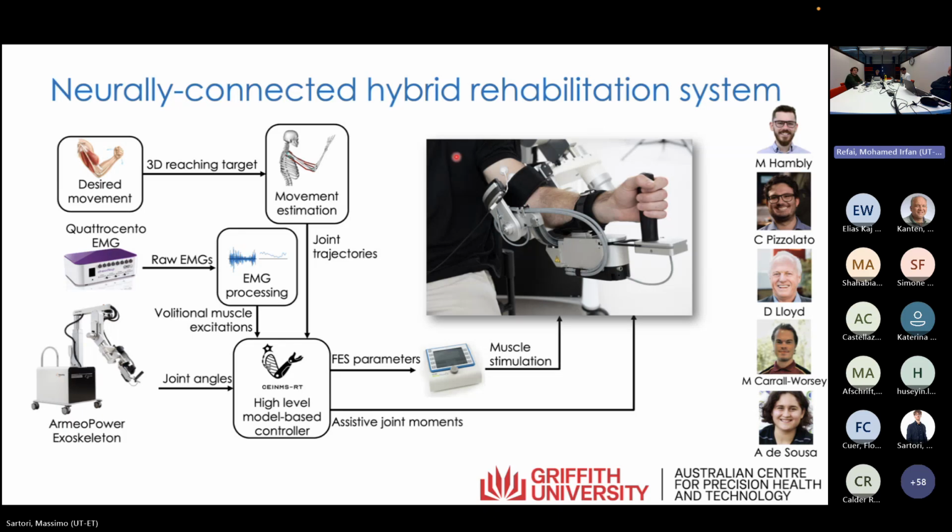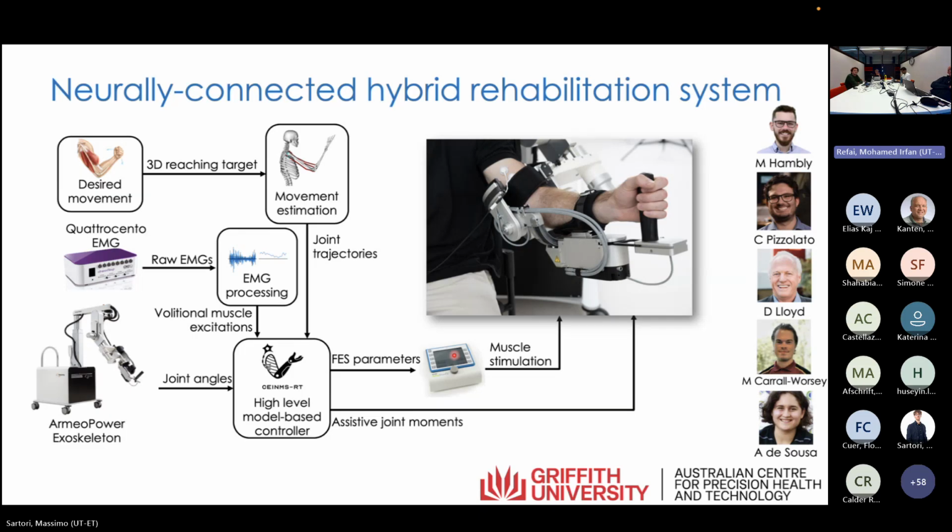And essentially they have a neurorobotic system that involves a stationary arm exoskeleton, the Armeo Power exoskeleton. But they also use a muscle stimulator to implement functional electrical stimulation of arm muscles. And they essentially use the CEINMS framework in real time to control both the exoskeleton and the functional electrical stimulator.